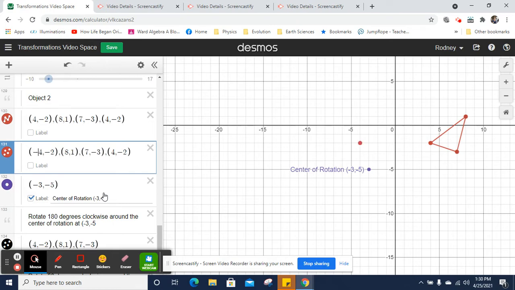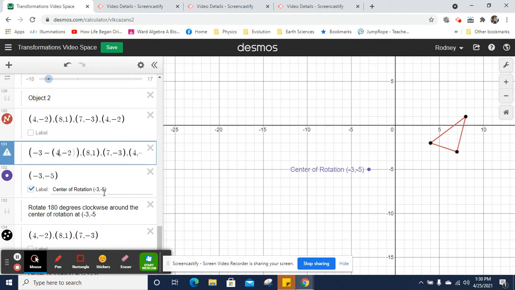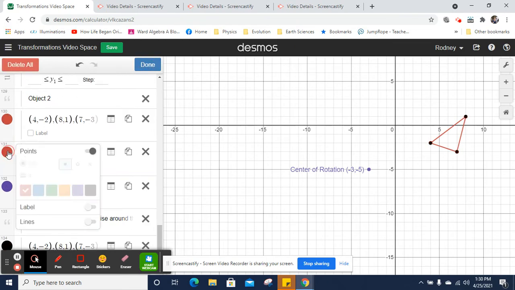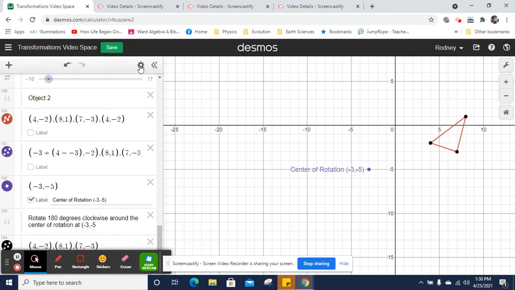My x value will be -3 plus 4 minus -3, which is 7. I'm sorry, that should be plus. I apologize. I'm going to change the color on this so we can tell what I'm doing.